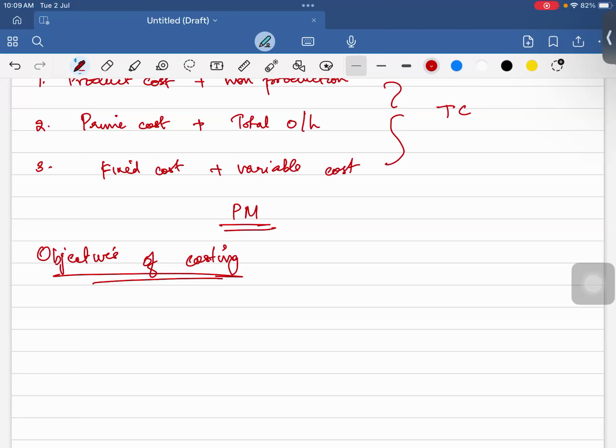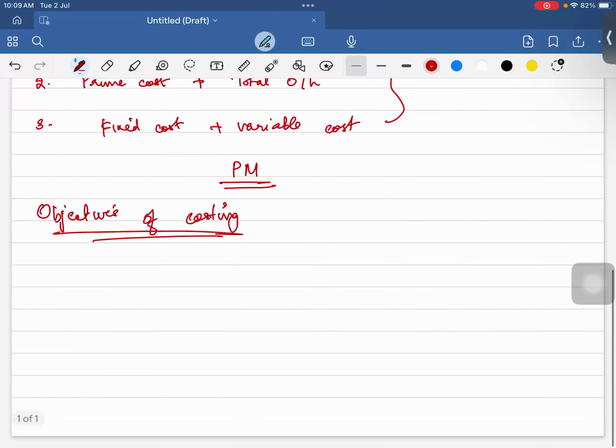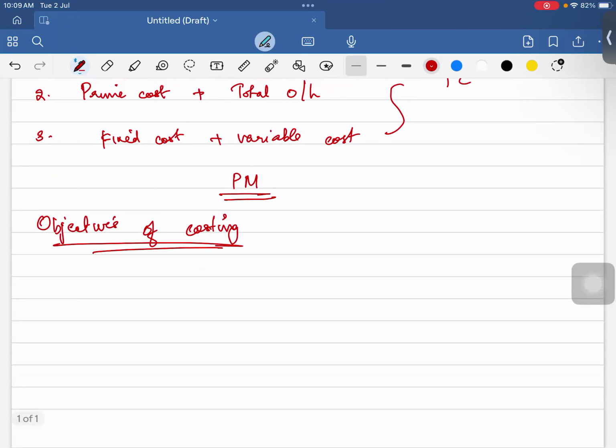If you're going to produce a product, it's raw materials, it's labor, it's overheads, right? Everything taken together is the cost, and the cost is what MA and PM deal with. And costing is the process by which you quantify that amount. Okay, so what are the objectives of costing?